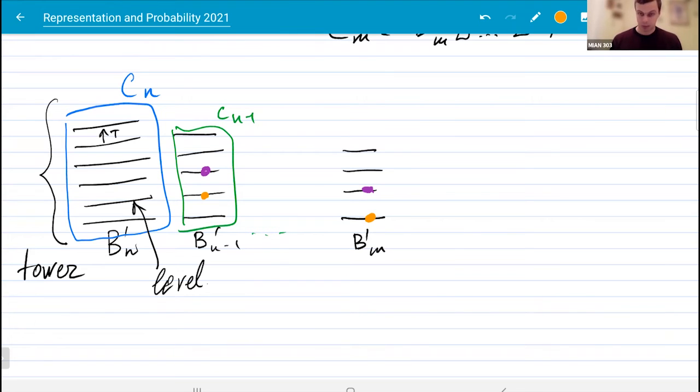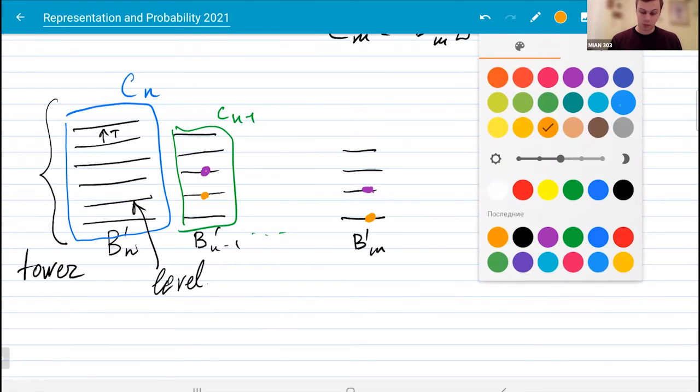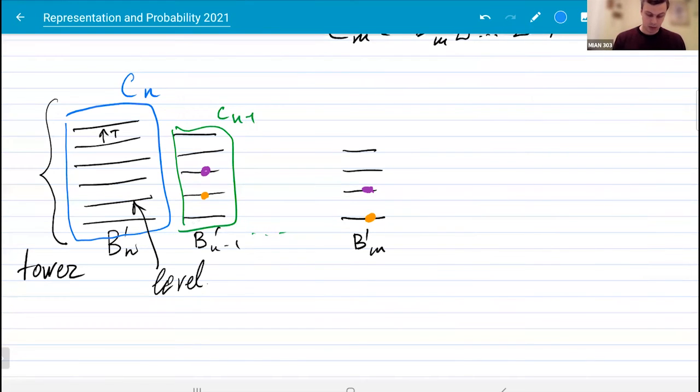So this can't happen. Now, the opposite situation is when the point at the ground level of the tower with larger number coincides with the point somewhere here. Why is this not possible?